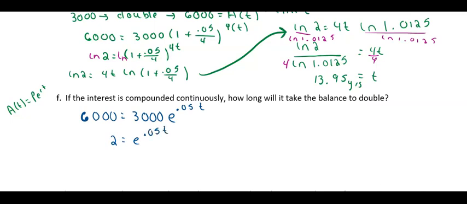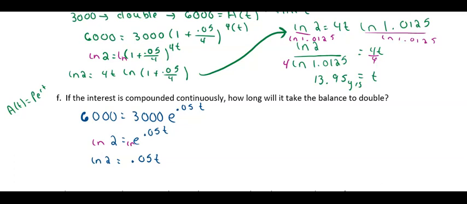Our t is still in our exponent, so we still need to use our natural log to bring our variable down. So that will leave us with the natural log of 2 is equal to 0.05 t. Now the E and the natural log: if we have natural log of e, these cancel each other out. So that's gone, we don't need to consider that anymore. We have the natural log and the e, they cancel each other out to 1, so we have 0.05t.